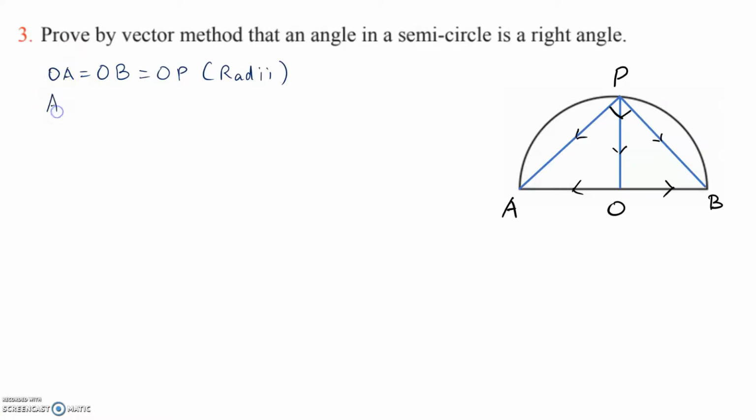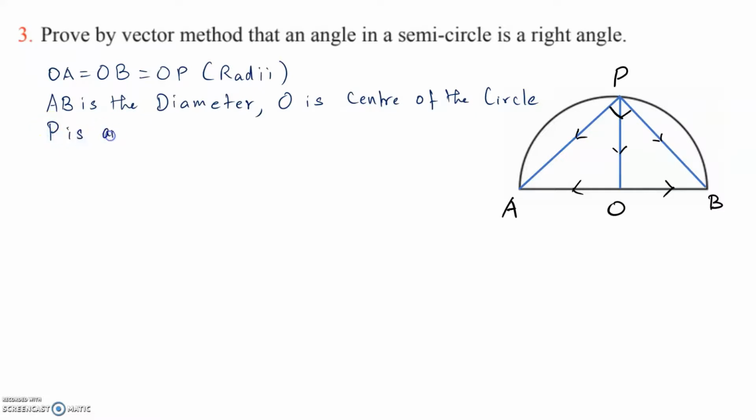So AB is the diameter, O is the center of the circle, P is any point on the circle.